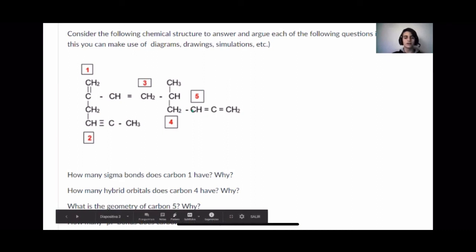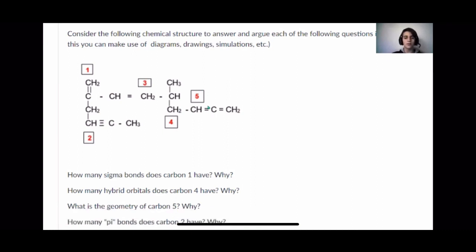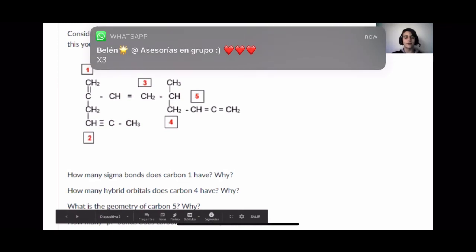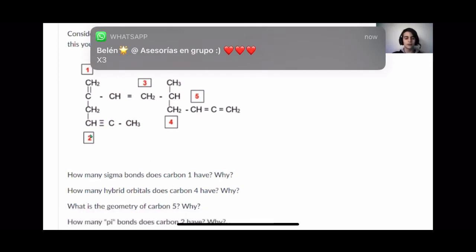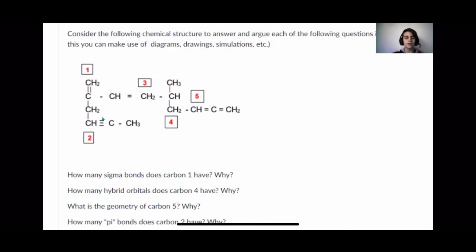It is trigonal planar because of this double bond, which defines that geometry. And for the pi bonds of carbon 2, carbon 2 has two pi bonds that correspond to this triple bond that it has with this other carbon.